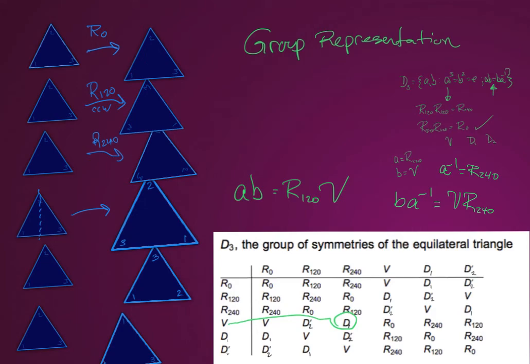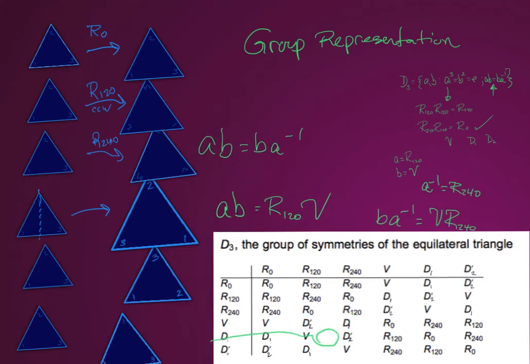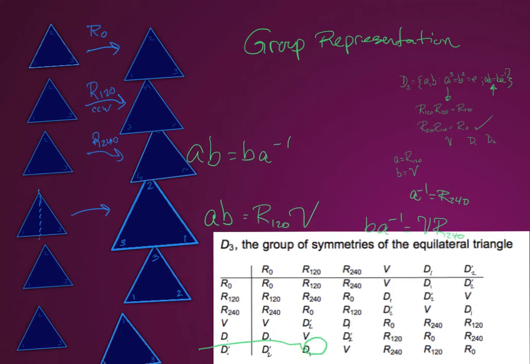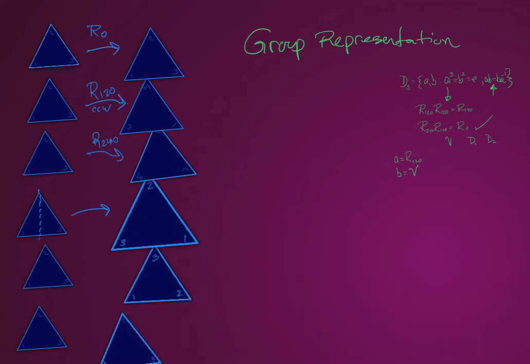And we end up with D1 again. And so AB is equal to B times A inverse. Okay, so it works.